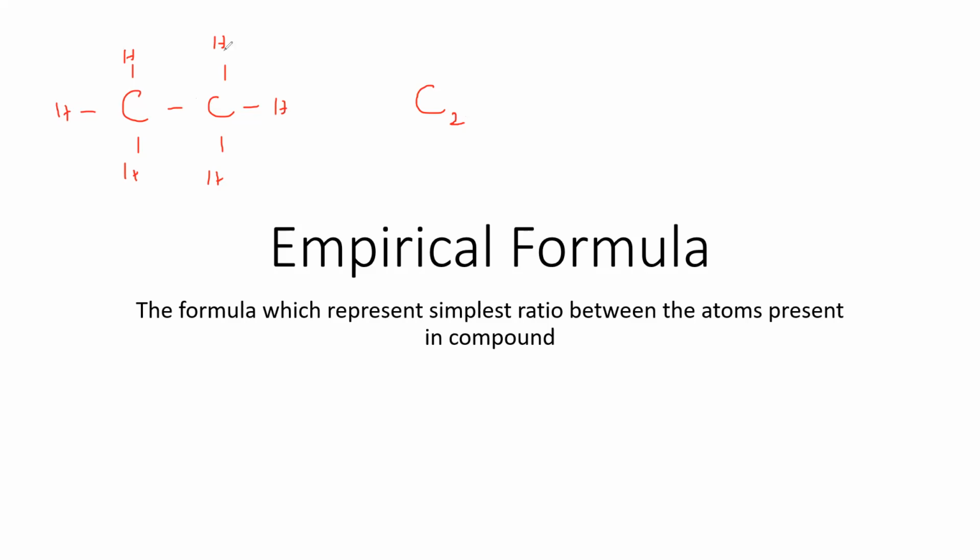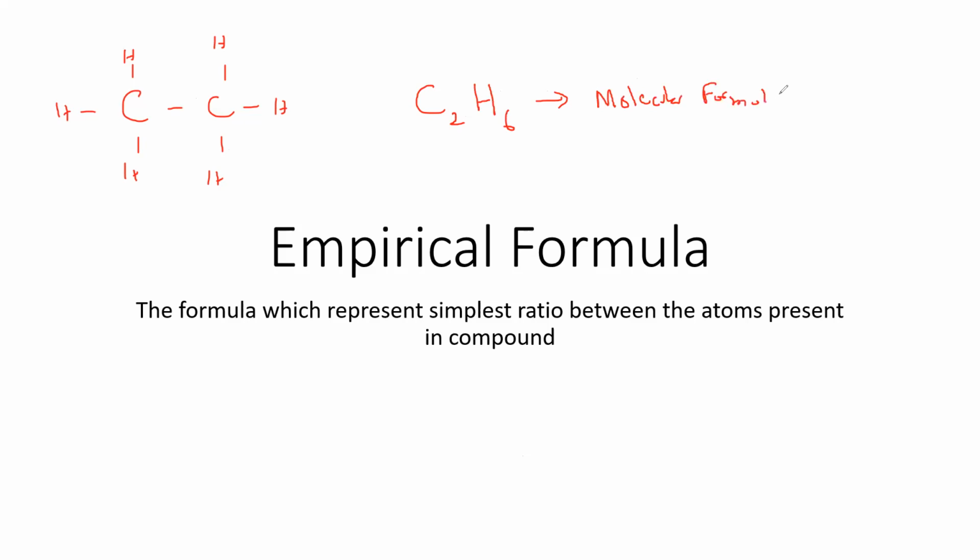How many hydrogen atoms are there? 1, 2, 3, 4, 5, 6. So 2 carbon atoms and 6 hydrogen atoms. This represents the actual number, and we call that the molecular formula.